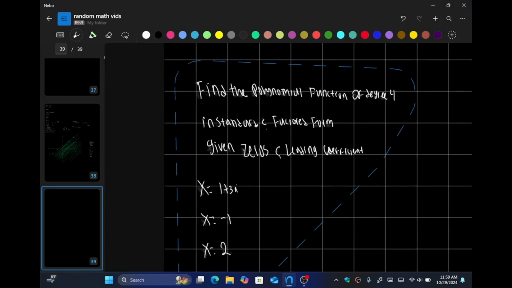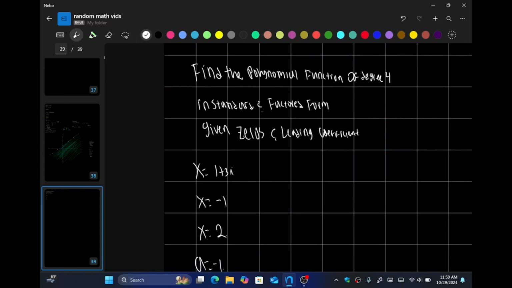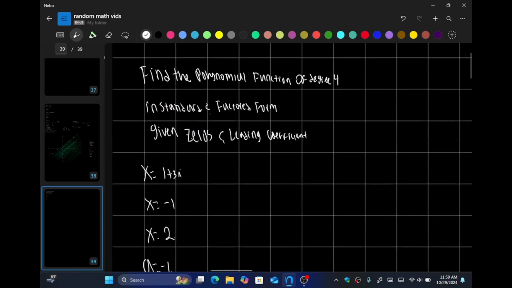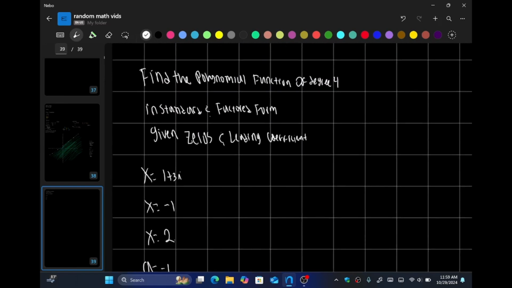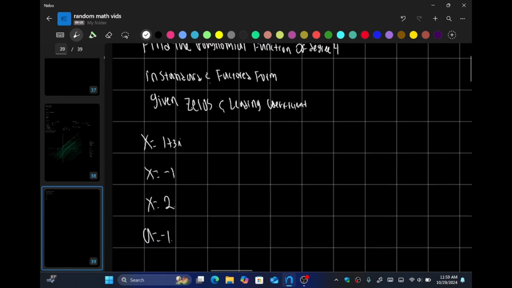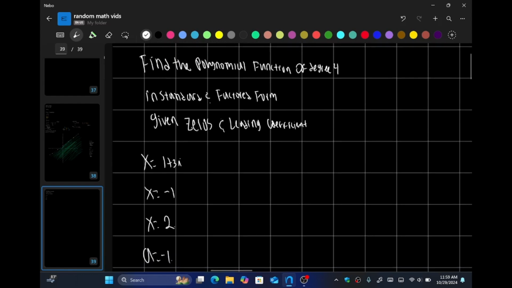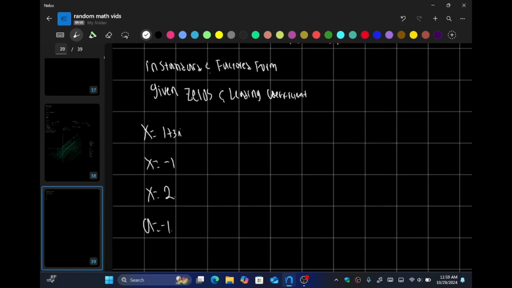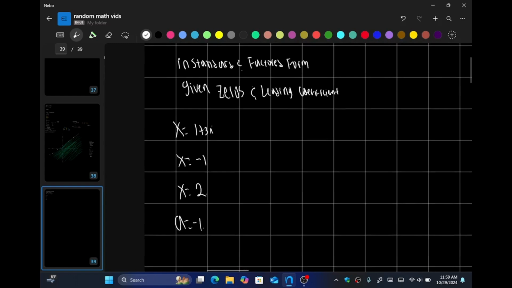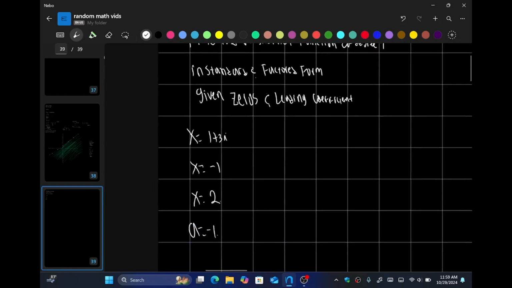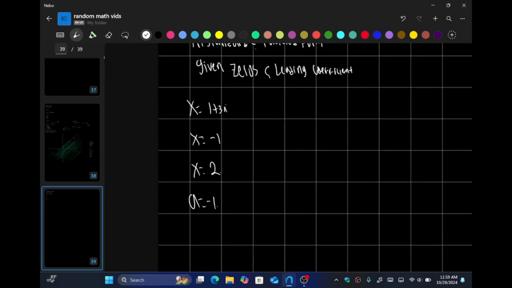Here we go. So in this problem, it says find the polynomial function of degree 4 in standard form, given the zeros and leading coefficient. So the zeros here, guys, are 1 plus 3i, x equals negative 1, x equals 2, and then a equals negative 1.